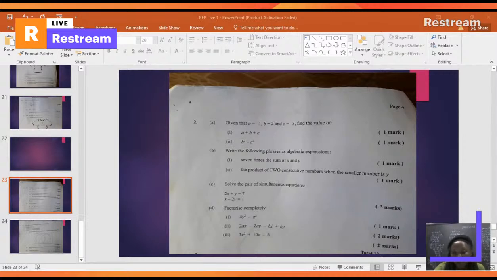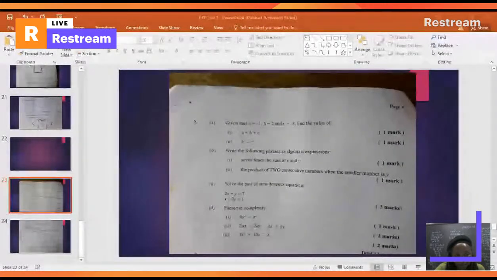So product means you multiply. So it will be y bracket y plus 1. If you wanted to expand that, then it will be y squared plus y. Let me know if you are following.